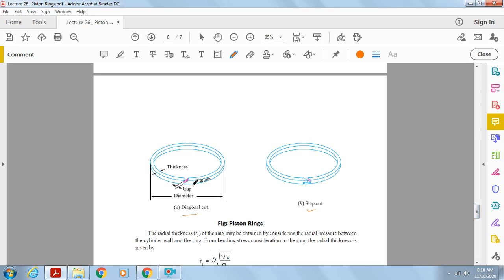If no gap is provided, then after expansion due to high temperature, the buckling or bending phenomenon will occur in the piston ring. That has to be prevented, and in order to prevent that buckling phenomenon, this particular gap is provided. That is, even at the higher temperature, when the material gets expanded, this gap will accommodate it. Okay, this is diagonal cut and this is step cut.